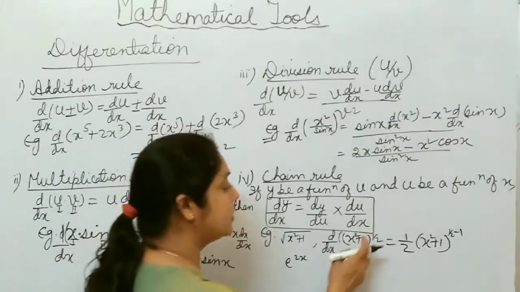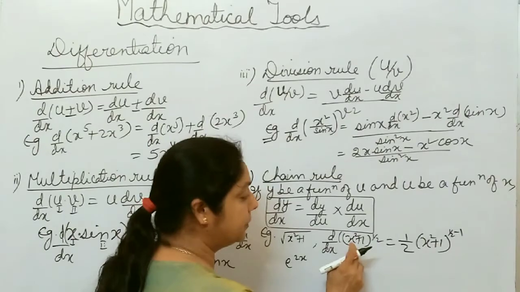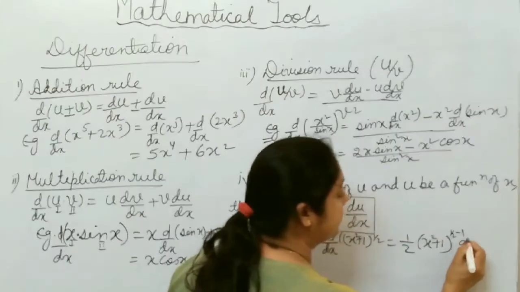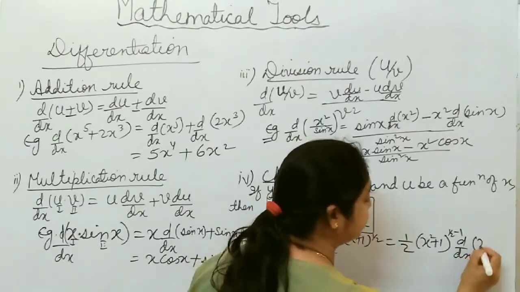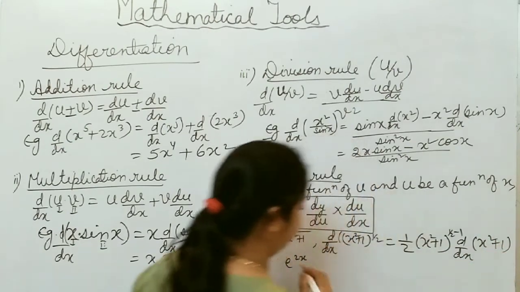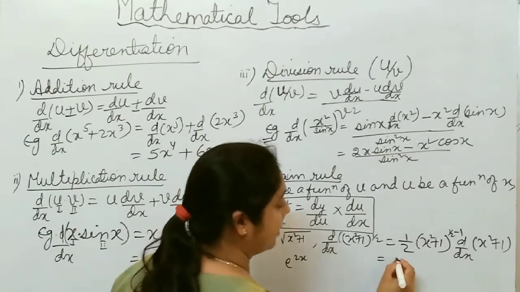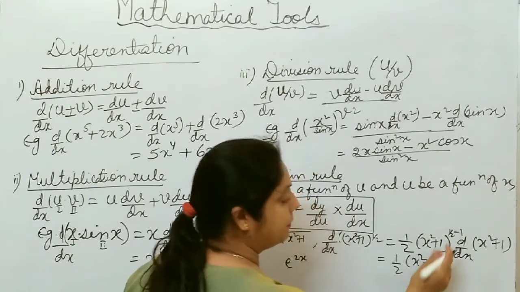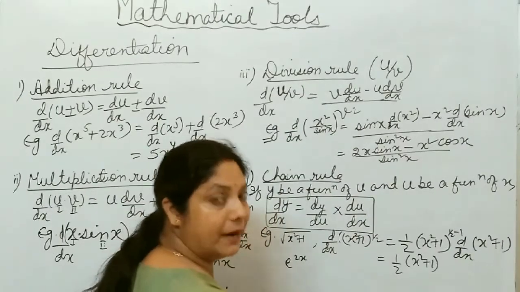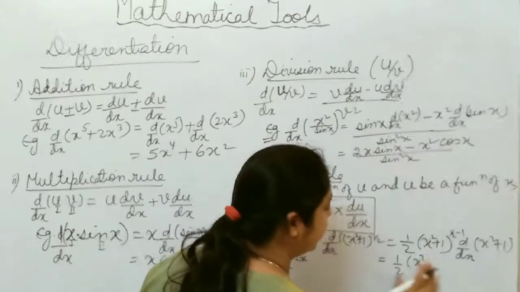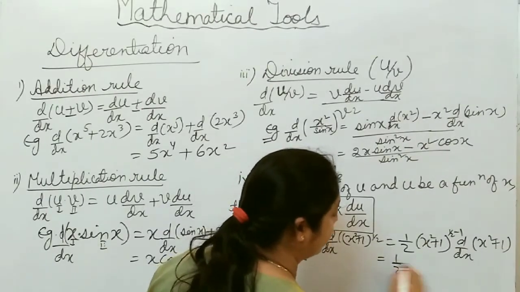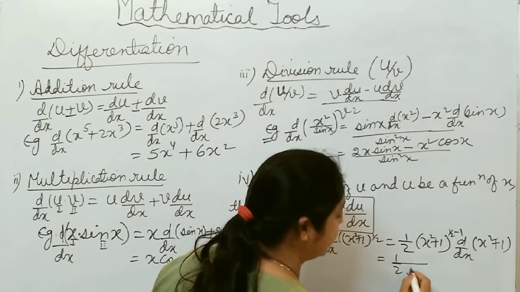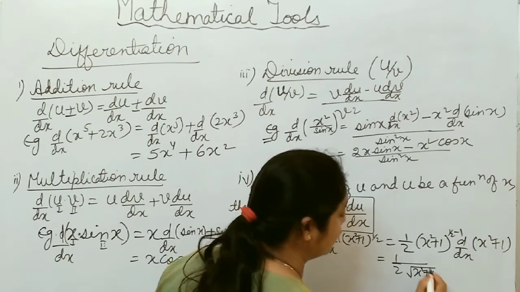Then this is not a single term. There are two terms. Then you differentiate these two terms separately. x square plus 1. Then it becomes half, x square plus 1 to the power half minus 1, which is minus half. So it comes in the denominator: half, denominator under root x square plus 1.